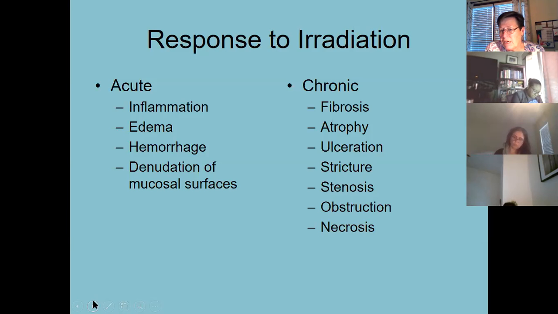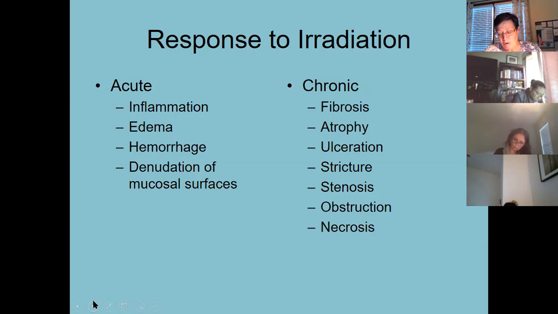Some chronic responses that you might see include fibrosis, atrophy, we already mentioned, ulceration, and ulcers are craters of necrotic tissue, stricture, stenosis, obstruction, and ultimately necrosis or cell death.